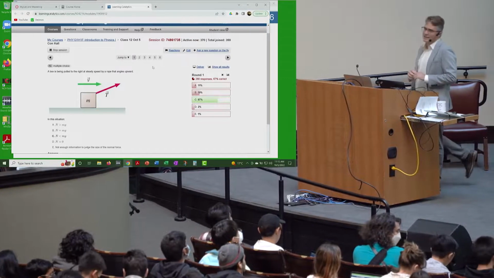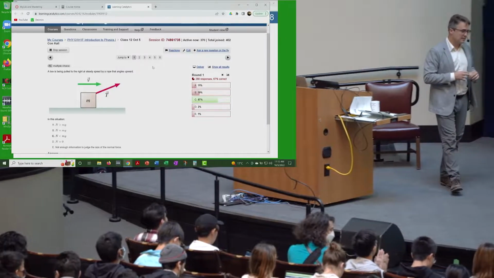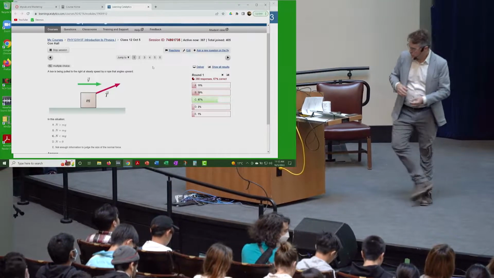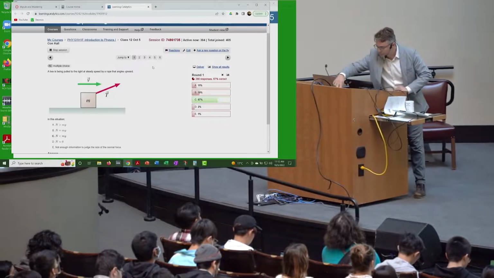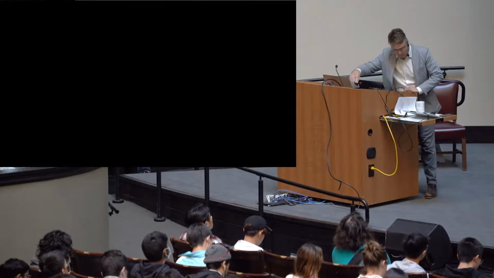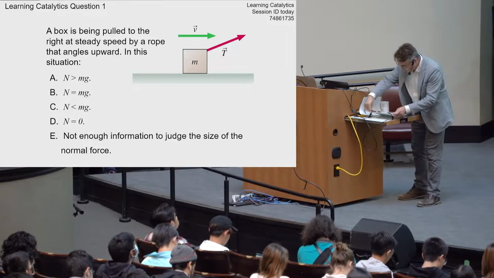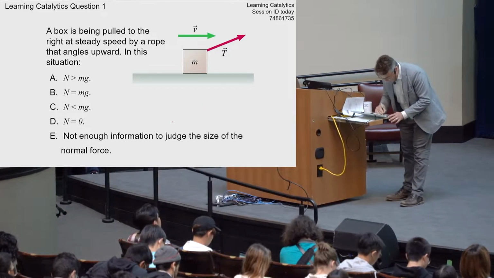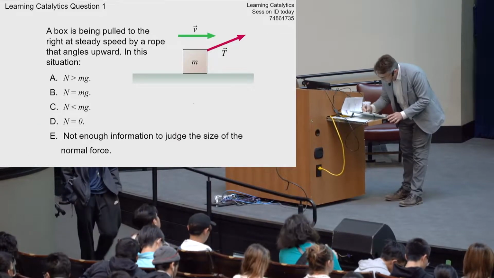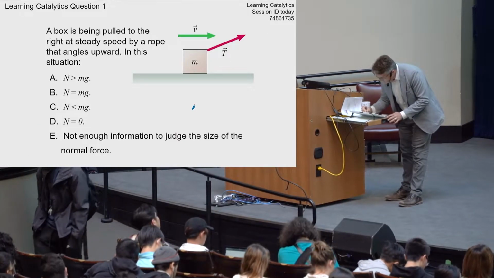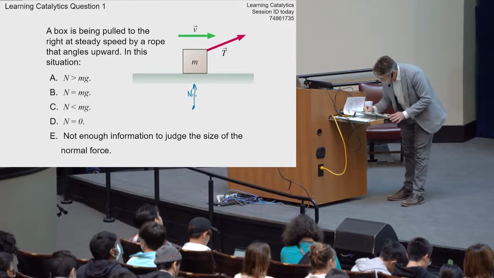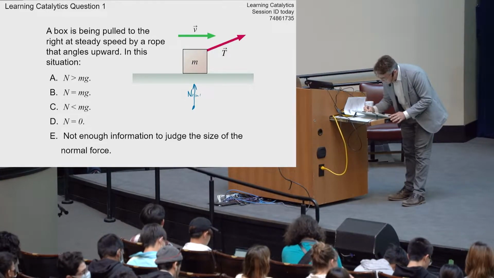67%. The idea here is that the tension force is part of what is supporting the box. So let's draw it out. So that's a sketch of the situation. If you were to draw a force diagram, it would look like this. There would be normal force going up, of the surface on the box.